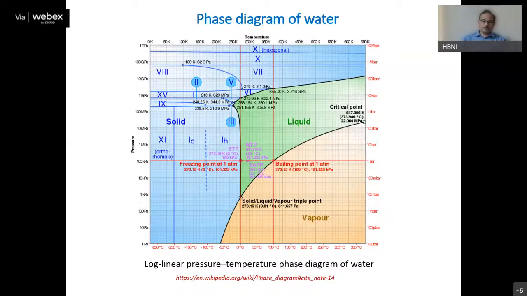Another interesting part is also to study how this phase changes as you cross the phase boundary. So what is the mechanism of this phase transition? This is also interesting from basic physics point of view. So this is also the reason why people study the phase transitions under high pressure temperature.